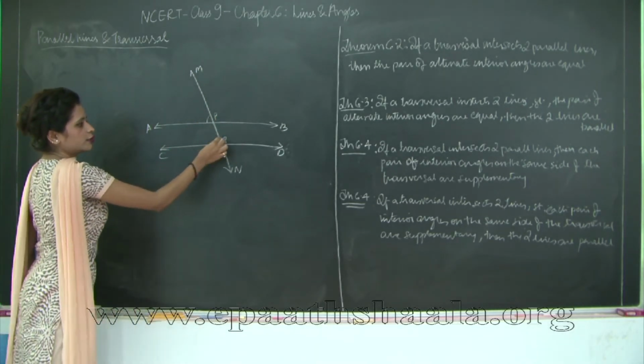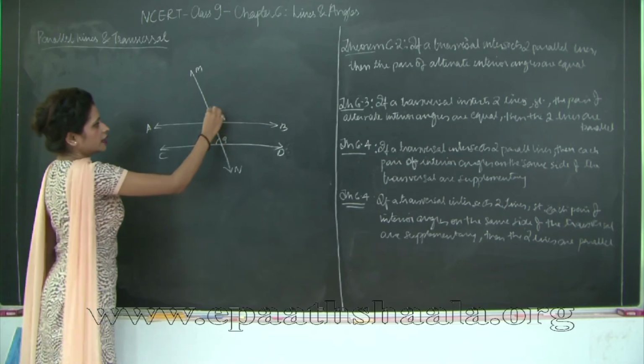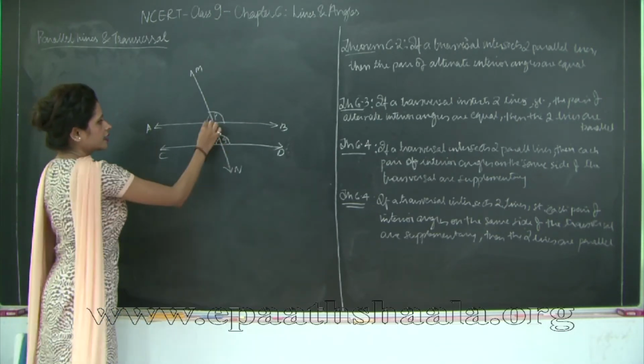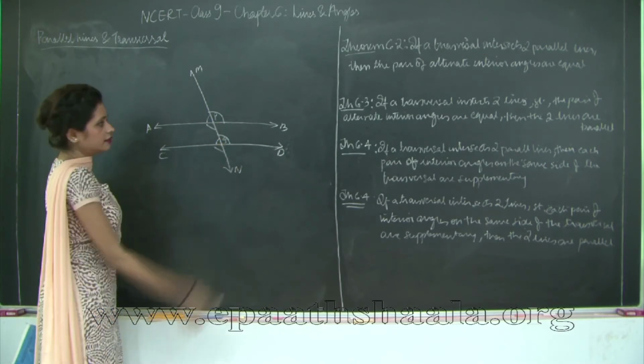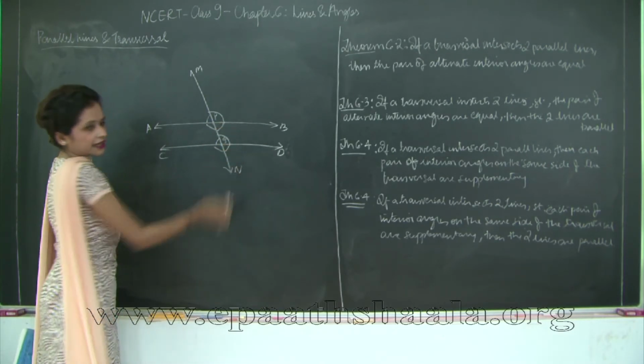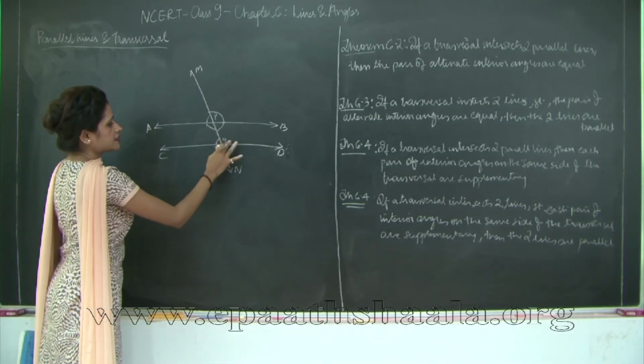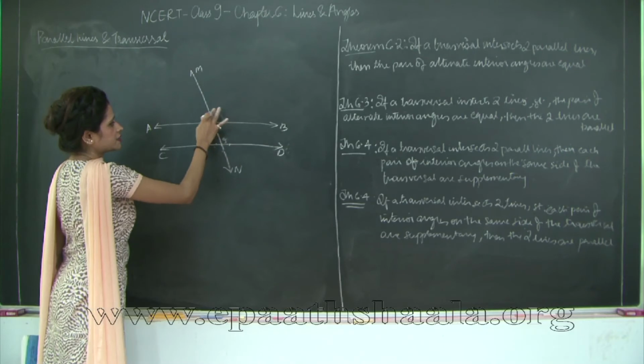This angle is going to be equal to this angle, correct? And this angle is going to be equal to this angle because they are corresponding. Again, this angle will be equal to this angle and this angle will be equal to this angle. Why? Because they are corresponding angles, correct? So corresponding angles are equal for parallel lines and transversal.